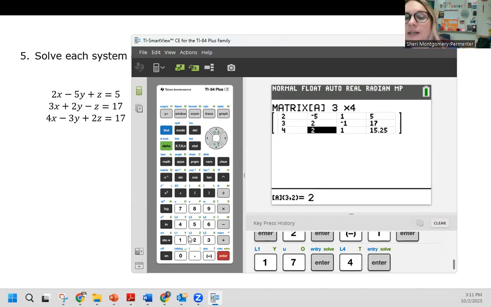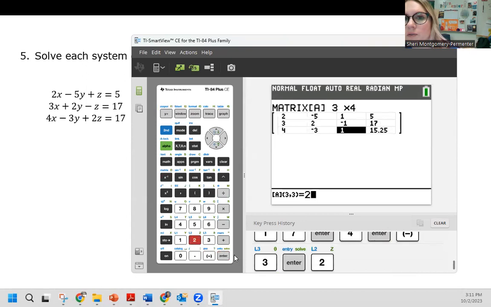If you didn't get the right answer or you didn't get nice numbers, then you might want to just double check your matrix first. -3, 2, 17.